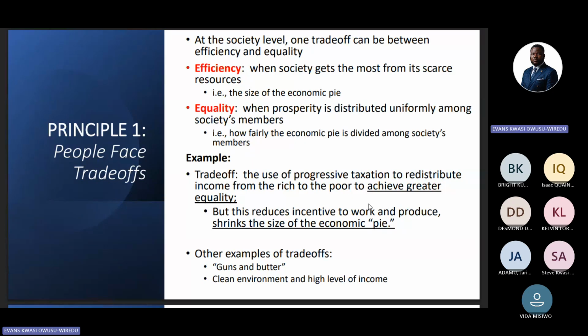Everybody will be able to achieve something, because if we give the same tax that is being charged on the rich person to the poor, then everybody suffers the same fate. That means the rich becomes richer and the poor becomes poorer, because the burden of the rich is given to the poor. You get it?